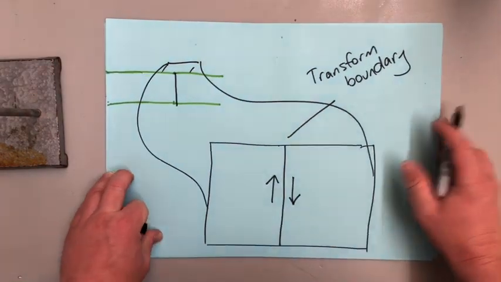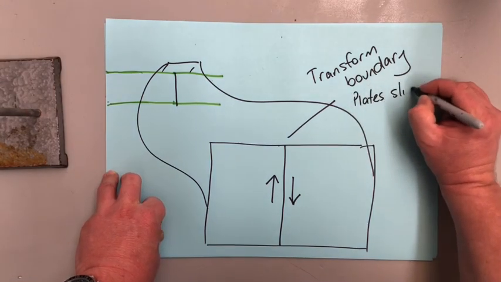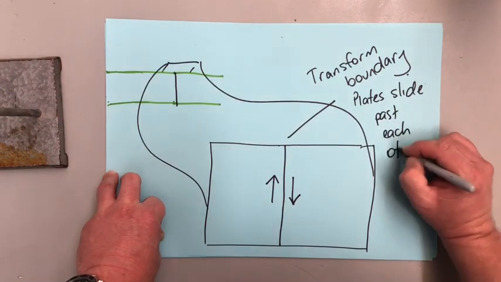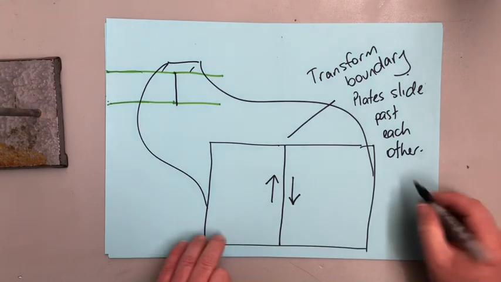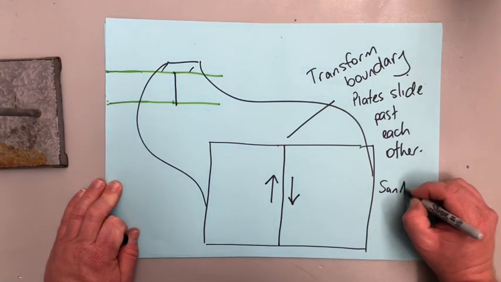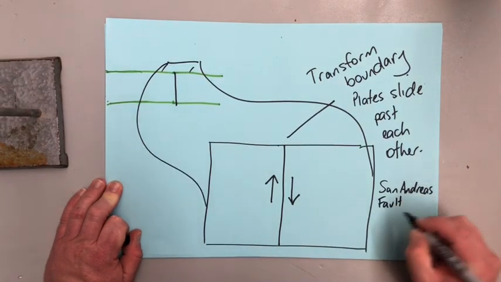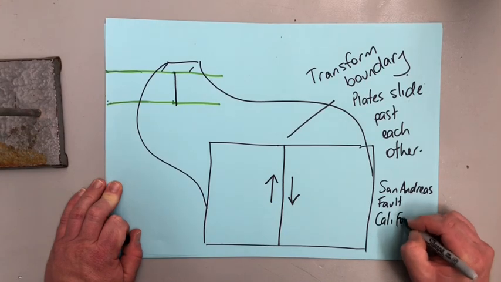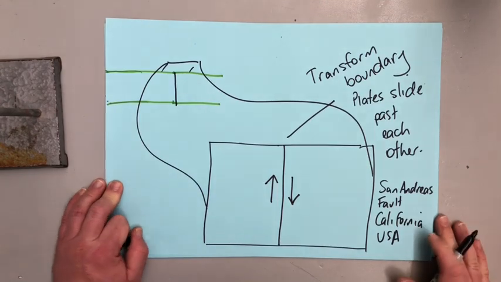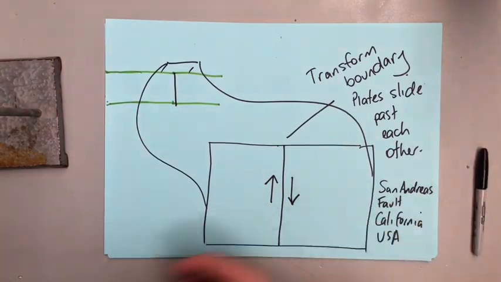It's where the plates slide past each other. A place where this happens is the San Andreas Fault, and that's in California, US of A.